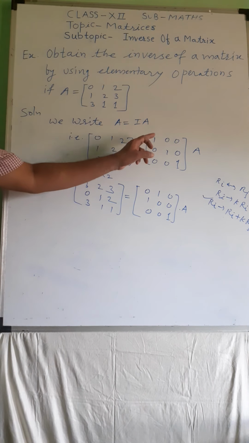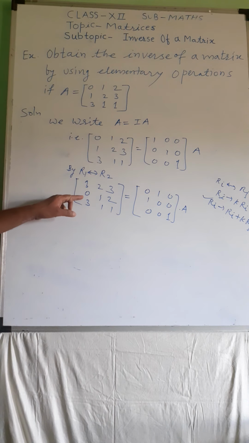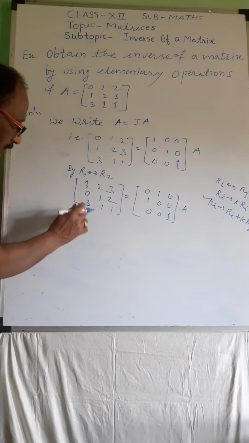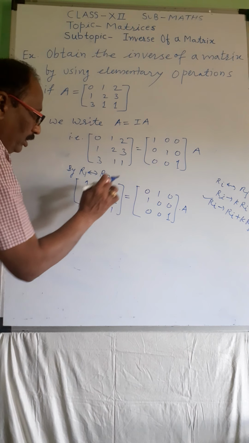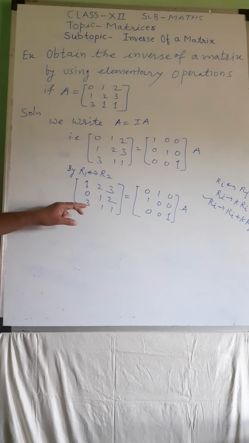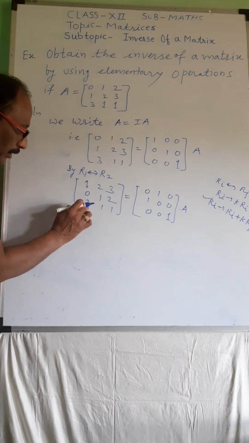Then second, the element 0 is already there. Then at this place 3 we want 0. How will it be possible to get 0 here?